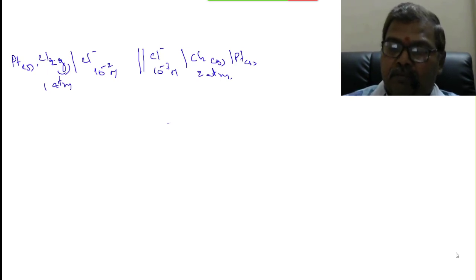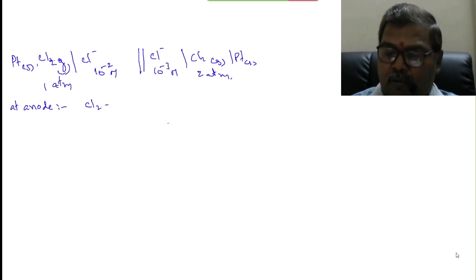So, therefore, at the anode, what is the reaction? Here, you can take Cl2, because chlorine active mass is not equal to 1. Therefore, take Cl2 and 0 to minus 1.